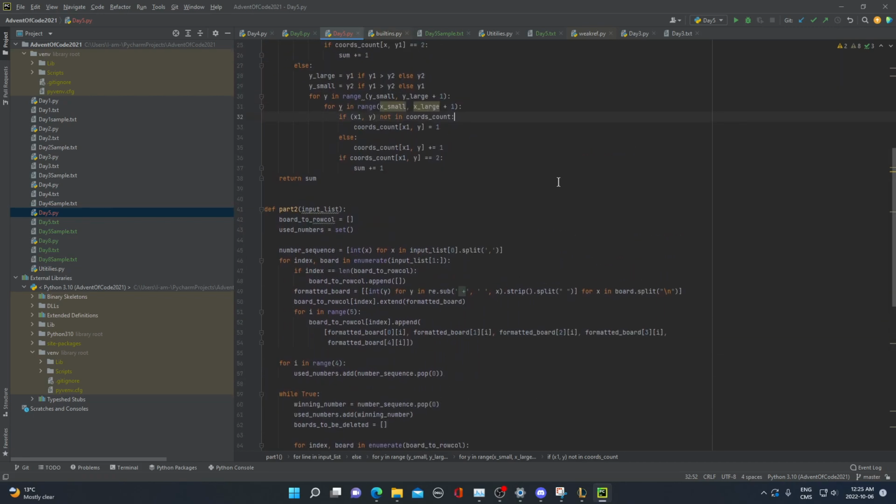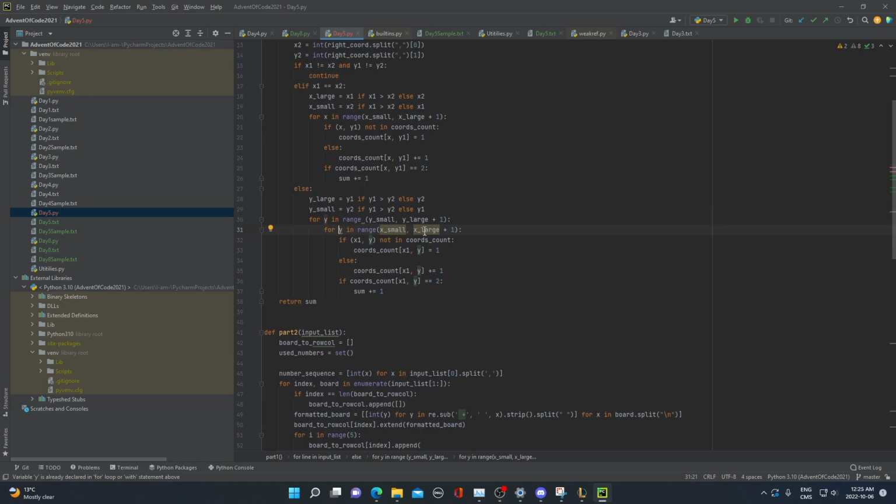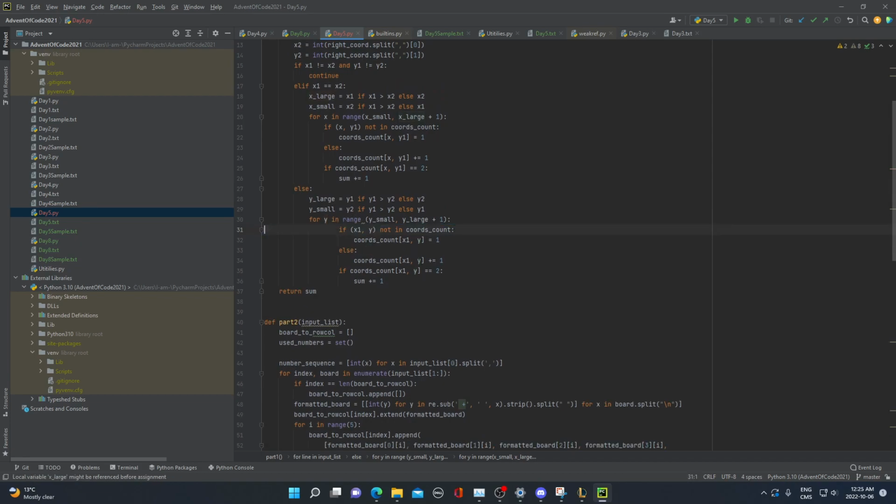So should we try it? Or am I having a bug here somewhere? Why do I have 2 ranges here? Bad copy. Y large equals y1 if y1 is greater than y2, correct? y2 if y1 is greater than, correct. 2 else.